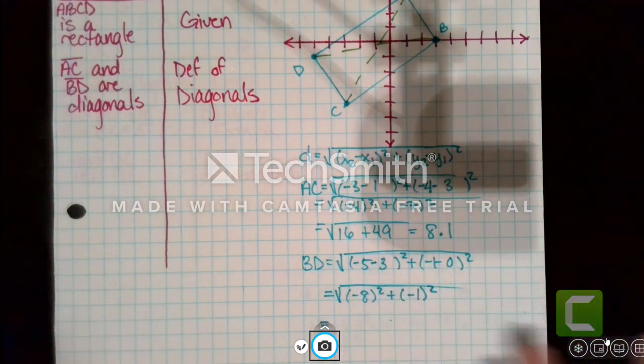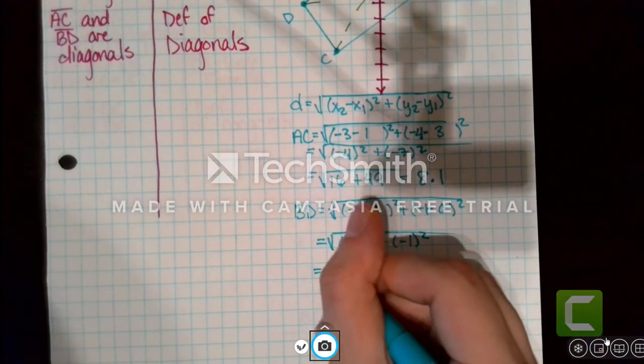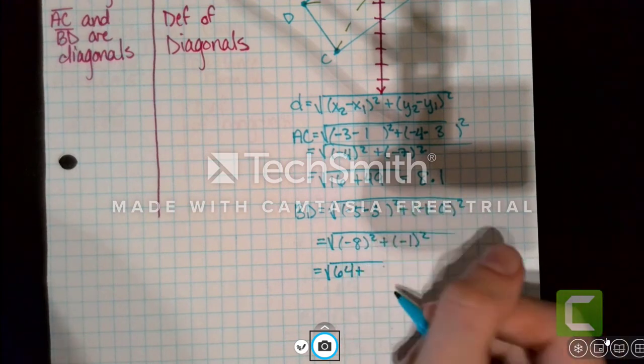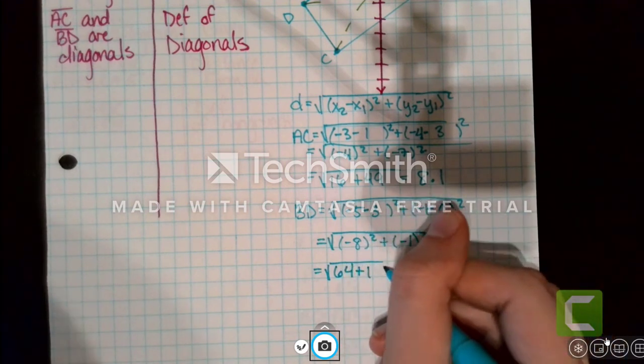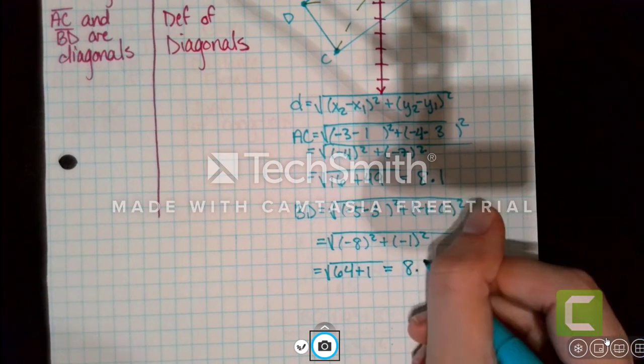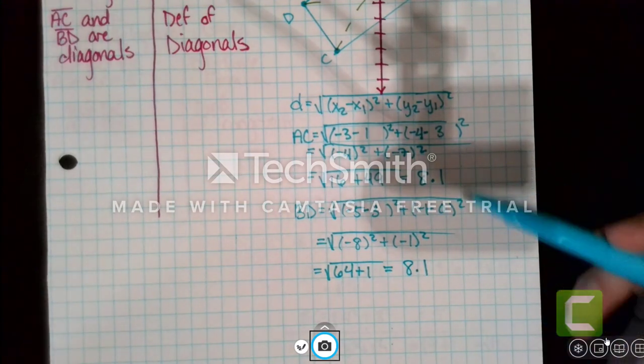Solving algebraically, that means we have the square root of 64 plus 1, and if I solve that in the calculator, you will again get a measurement of about 8.1. Using the distance formula, we've just proven that AC is equal to BD.